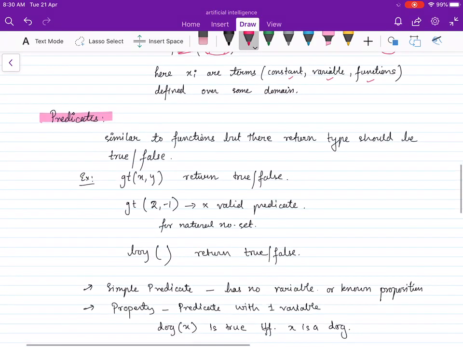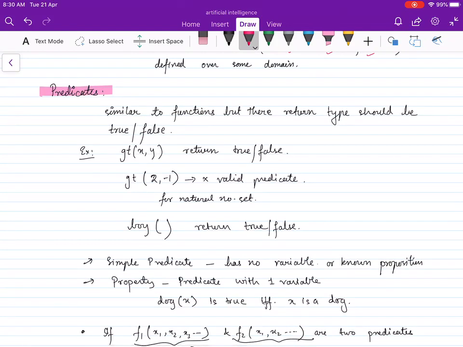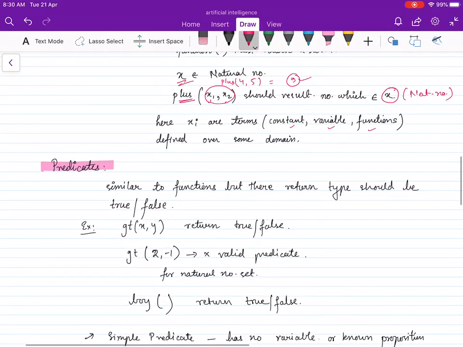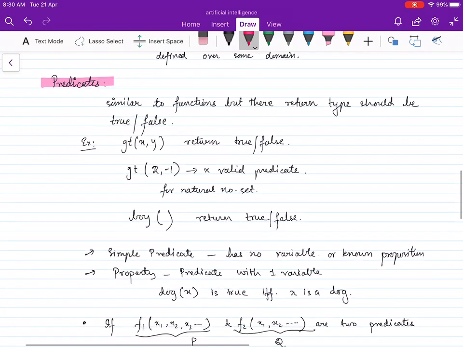Next, moving to predicates: they are similar to functions, but their return type should be true or false.